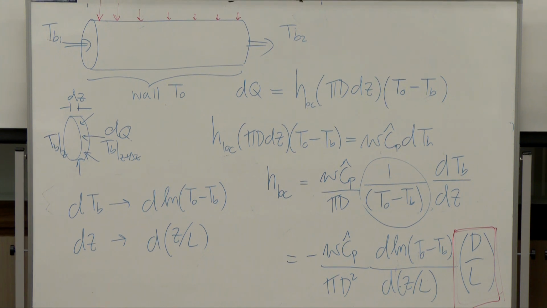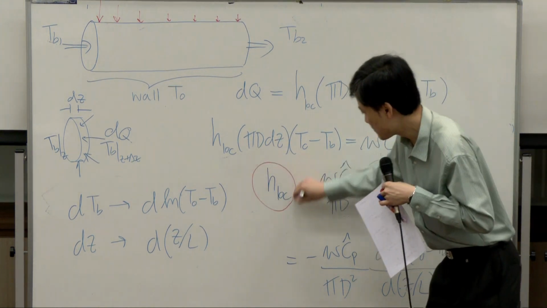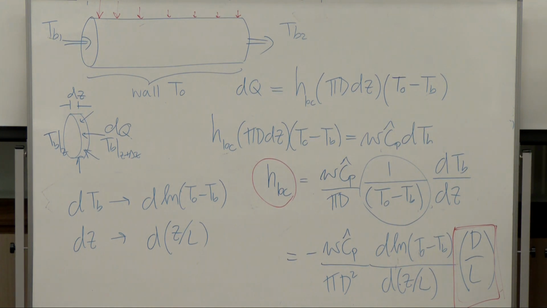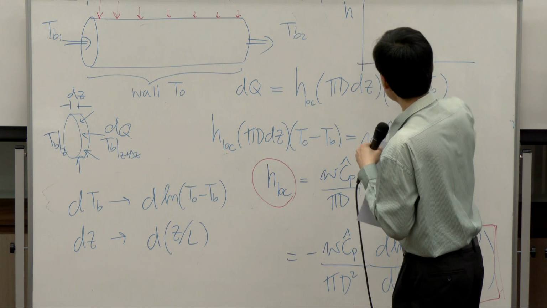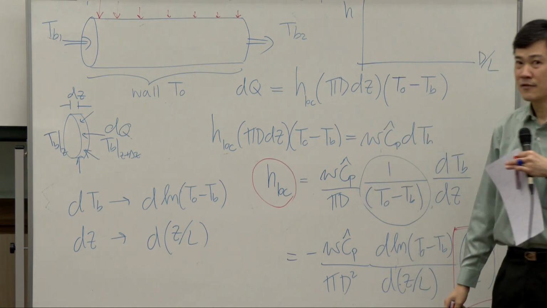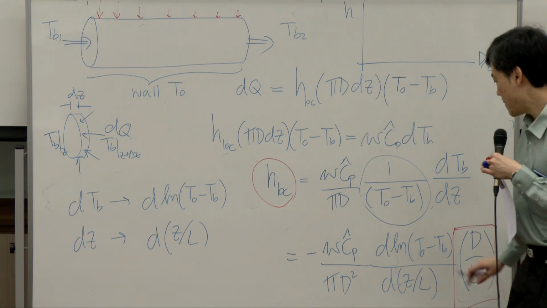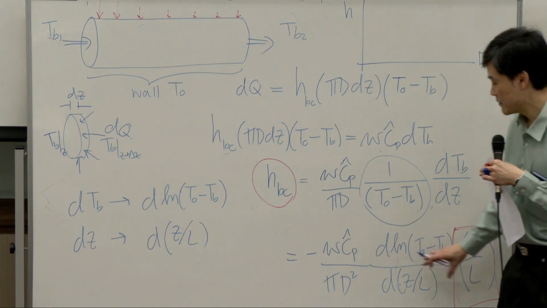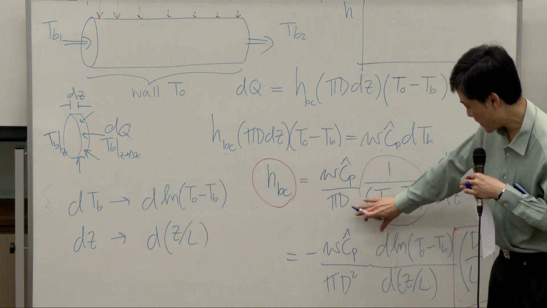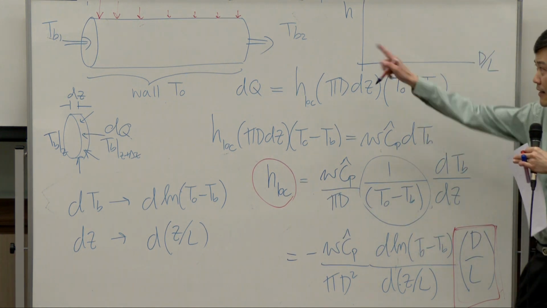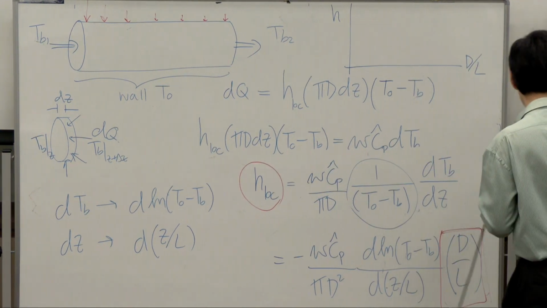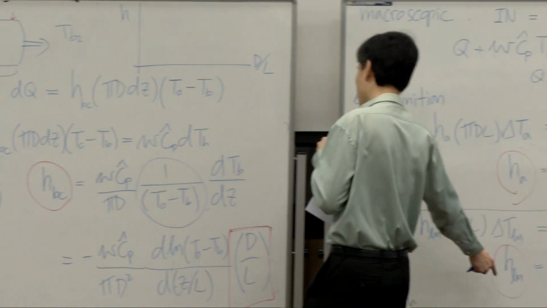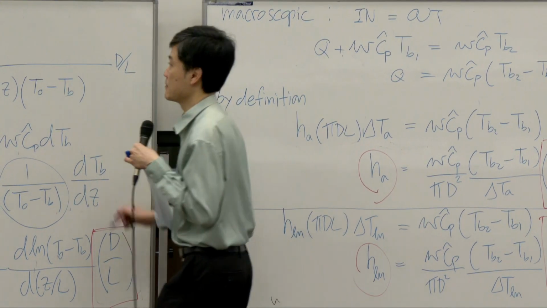Okay? So if I plot H versus D over L for both microscopic and macroscopic balance, and I do the actual experiment measuring everything else. Okay? Set up mass flow rate, use heat capacity, measure temperature at different positions, and try to come up with the local heat transfer coefficient, and heat transfer coefficients by means of arithmetic means and logarithmic means, and plot like this.